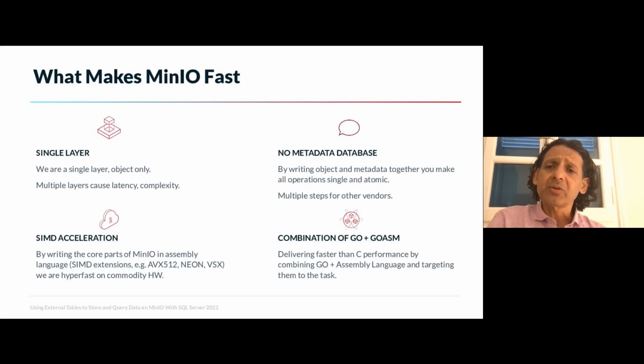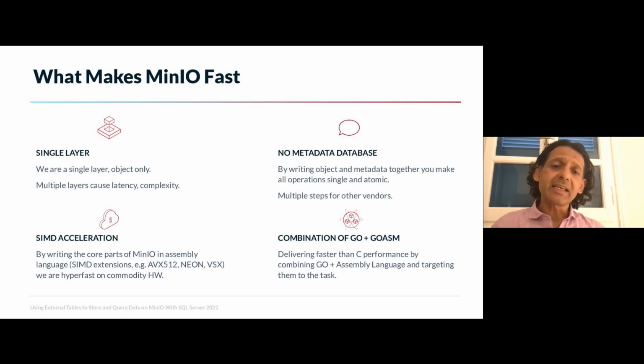So what makes MinIO so fast? MinIO is built as a single layer object-only storage platform. So there is no complexity in it. Latency throughout the platform is very, very fast. So in order to deliver that latency, MinIO leverages acceleration, where parts of MinIO are written in assembly language. So AVX 512 and so forth gives you hyper fast performance on commodity hardware that you're running on.